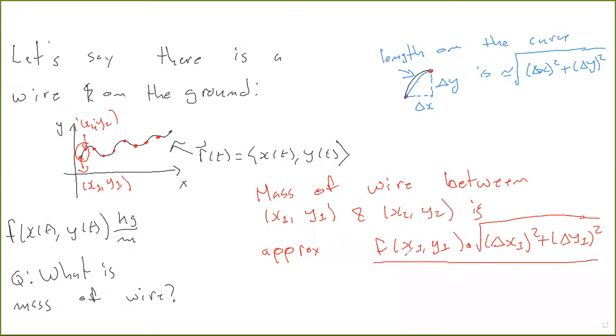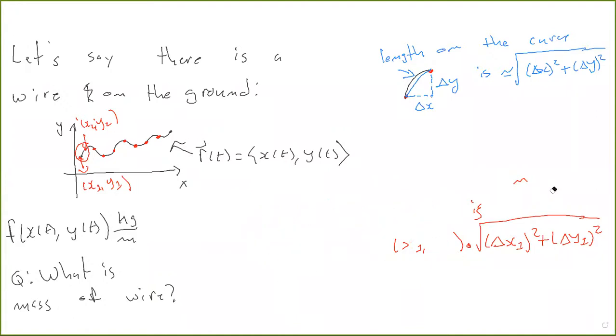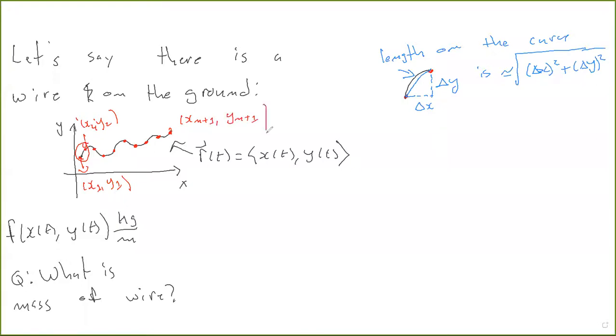So what it means is that the mass of the wire going from x1, y1 to x2, y2 is approximately this number right here. Okay, and so now what we want to do is add all of those up for all of the intervals. Let's say it starts at x1, y1 and goes all the way up to, let's say this point right here is x n plus 1, y n plus 1.